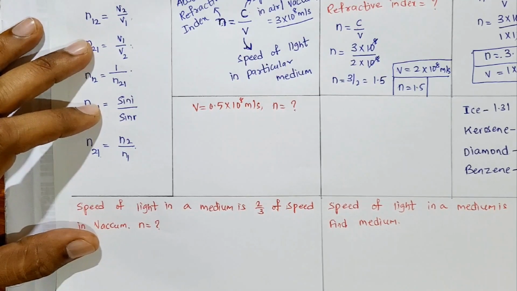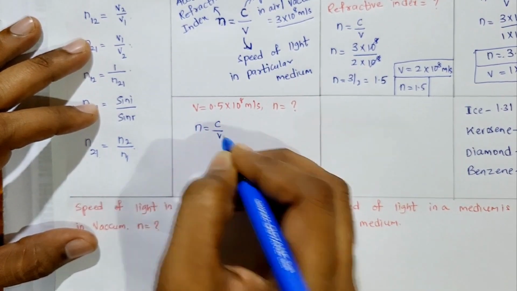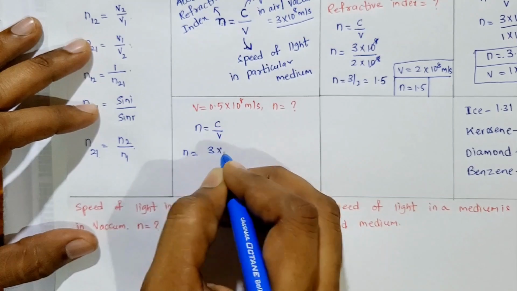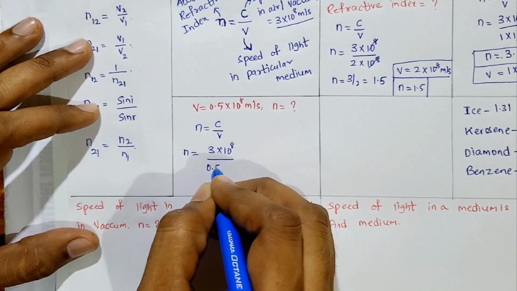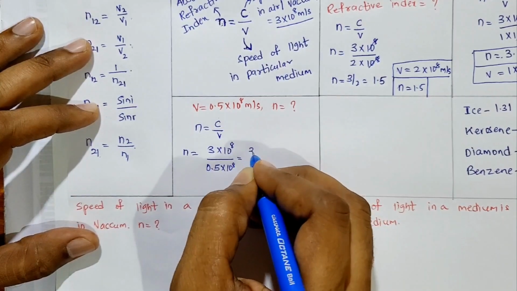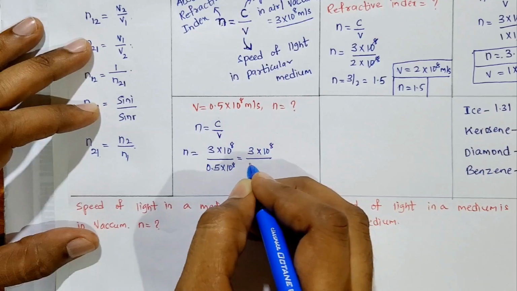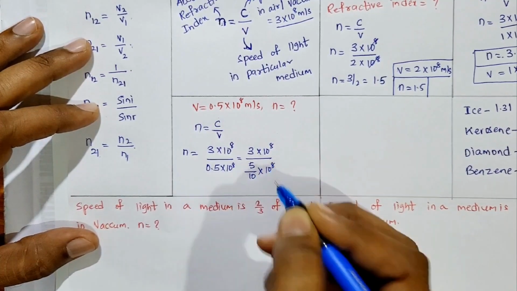Okay, now I am going to solve. So n is equal to c divided by v. n we have to find out. c is 3 into 10 to the power of 8 divided by v. v is 0.5 into 10 power 8. This can be written as 3 into 10 power 8 divided by 0.5, which means 5 divided by 10, into 10 power 8.